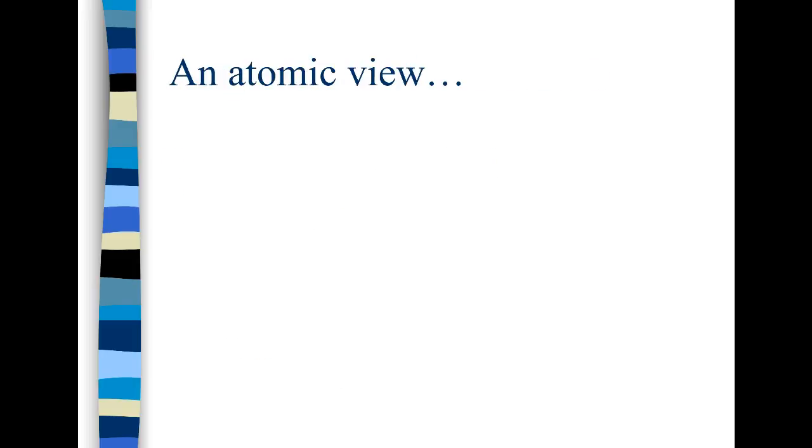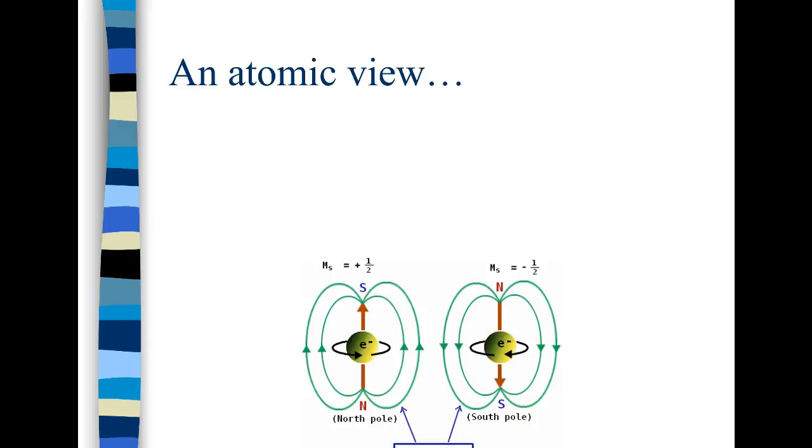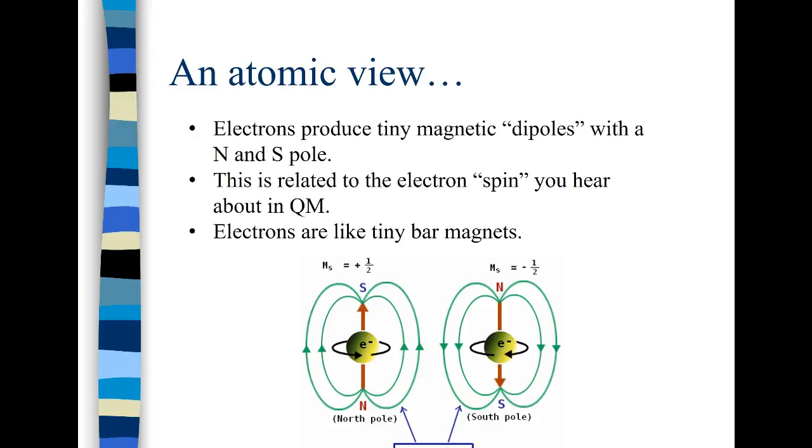So let's consider what's going on at an atomic level. So here are some diagrams of 2 electrons, and these electrons have tiny little magnetic dipoles. So you can see the one on the left is pointing up and the one on the right is pointing down. In quantum mechanics, we talk about this as the spin.